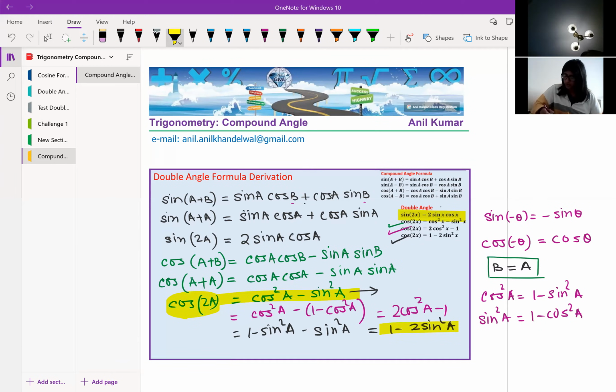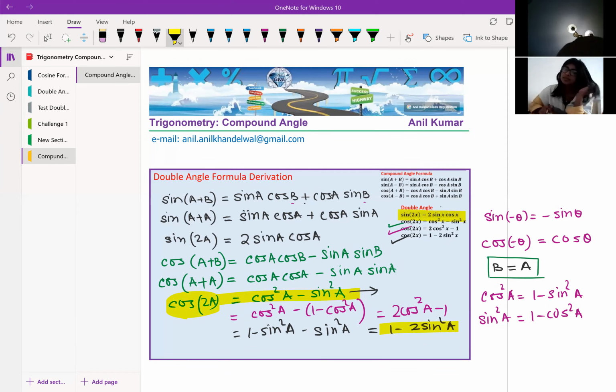To solve the quadratic equation, you should have only one term, either in cosine or in sine. So this angle formula for cos helps you convert the whole equation into one term, either sine or cosine. Then you can solve any quadratic equation. That's the beauty of it. So with that, we have seen the link between the compound angle formula and all the double angle formulas.